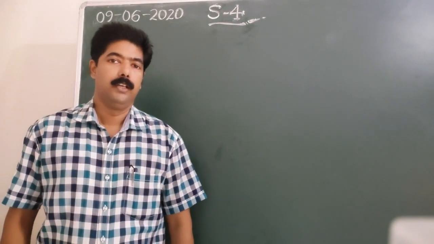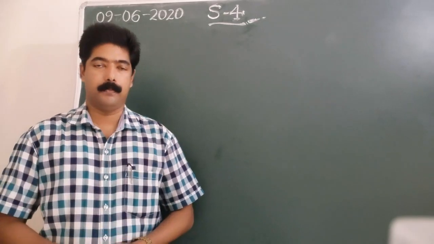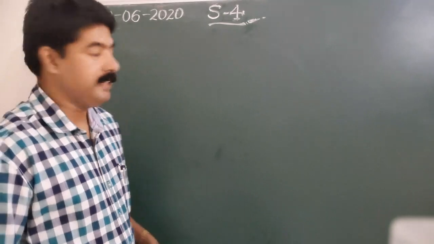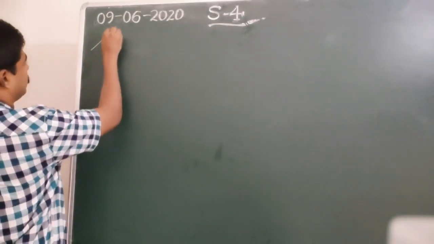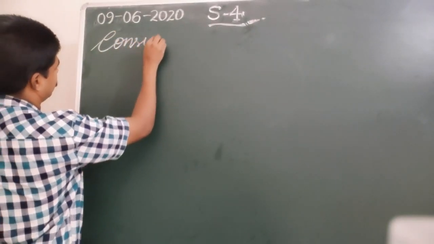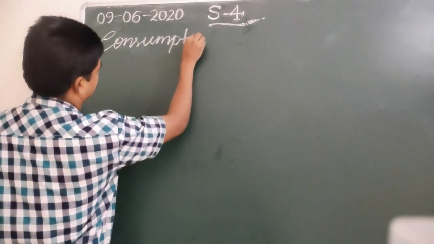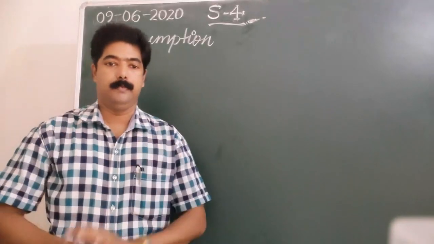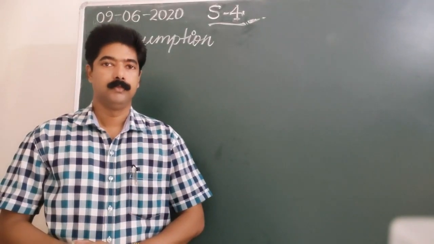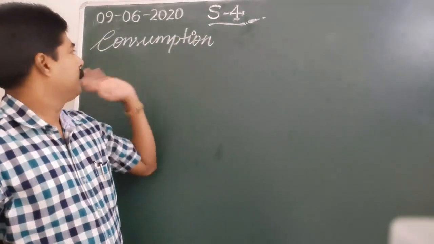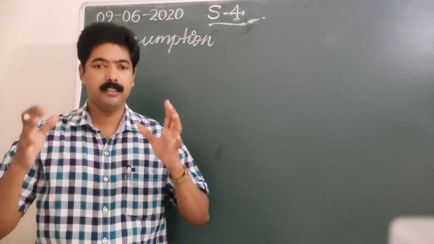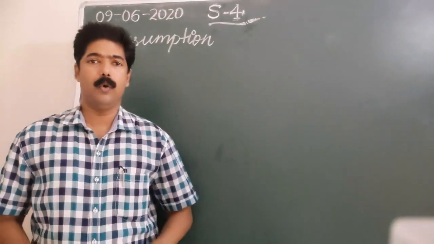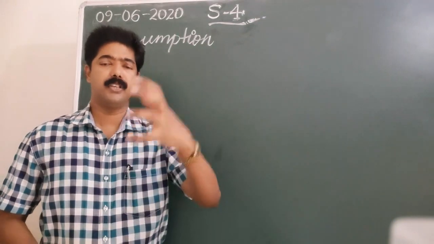First of all, we will see the first concept, that is consumption. What is meant by consumption? Here, we know that in order to consume a commodity, we need a consumer.